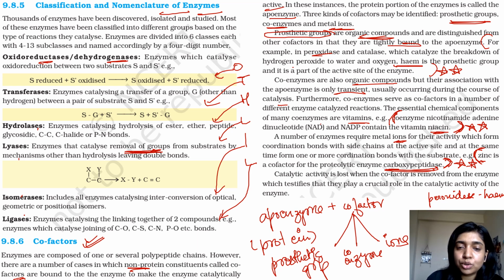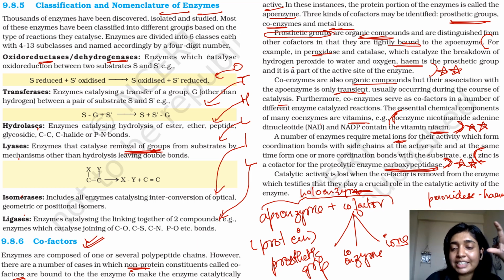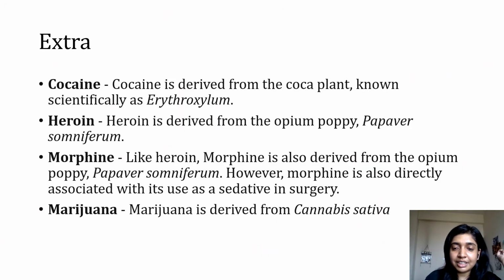Catalytic activity is lost when the cofactor is removed, which justifies that they play a crucial role. So when apoenzyme and cofactor join, they form holoenzyme, the proper full, functional enzyme. All right. So that was it.